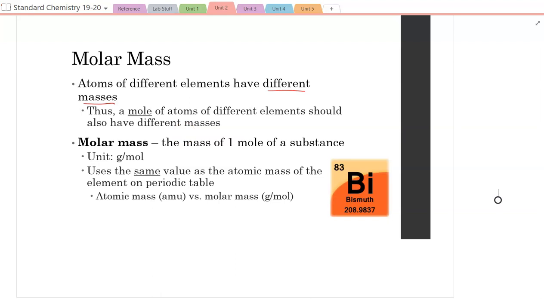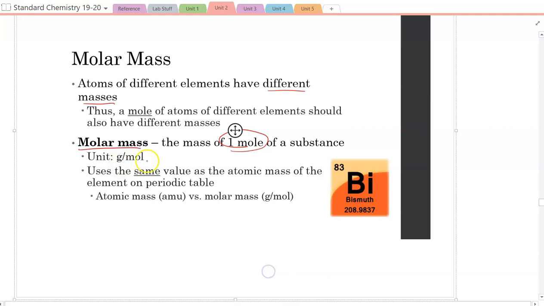If I have a dozen atoms of nickel, that's going to have a different mass than a dozen atoms of oxygen. So we're using this thing called a molar mass, which is the mass of specifically 1 mole of a substance. So I'm saying there is 1 mole of oxygen atoms, there is 1 mole of nickel atoms. How much mass does that contain? That's what the molar mass means.